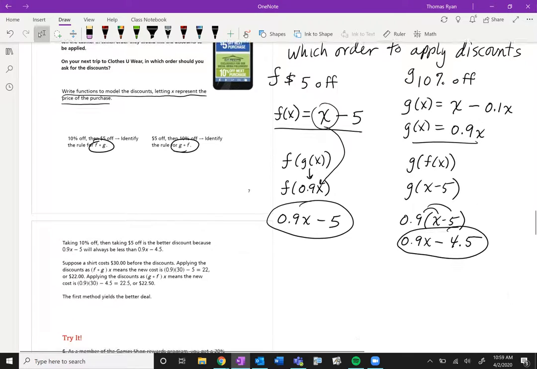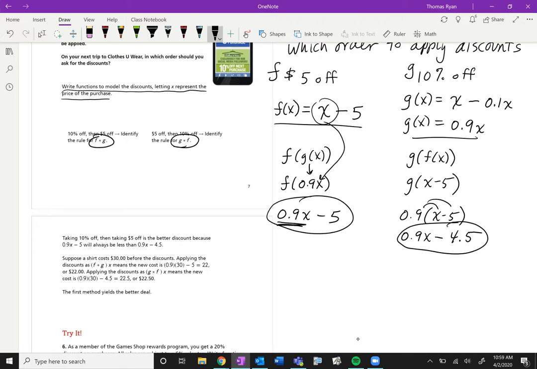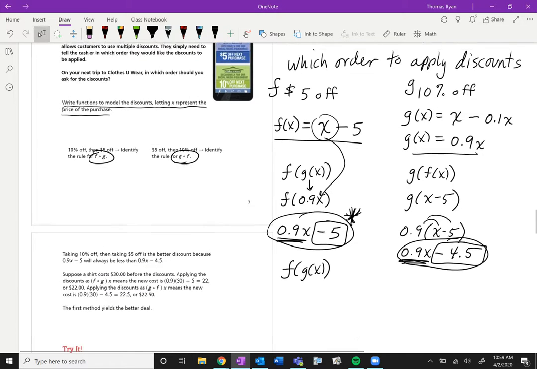Here are our two options. They both have 0.9x, but in one we're shaving off an extra $5, and in the other we're only shaving off an extra 4.5. If you're like most people and want the most discount, you'll clearly take the first option, which was f of g of x.